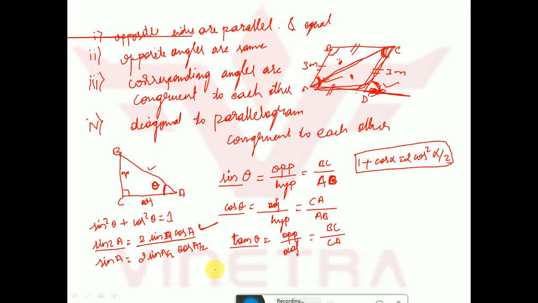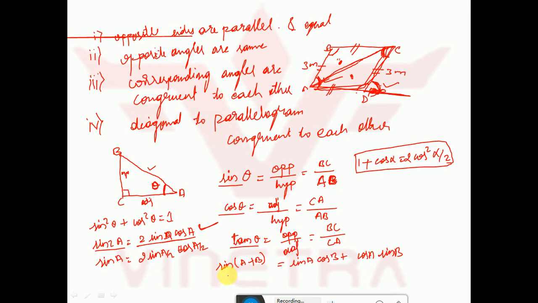Apart from these, we have a few more formulas like sin a plus b. This sin a plus b can be written as sin a cos b plus cos a sin b.